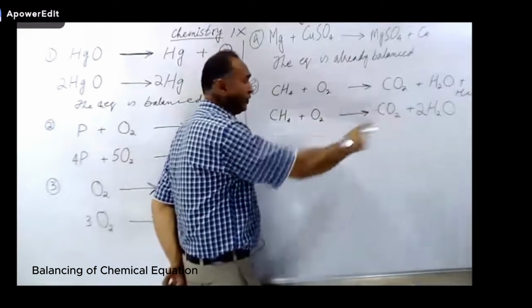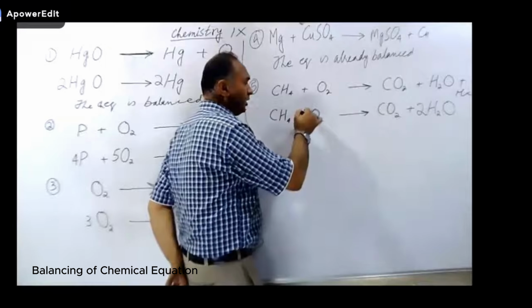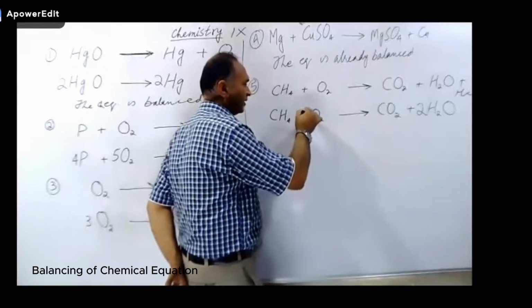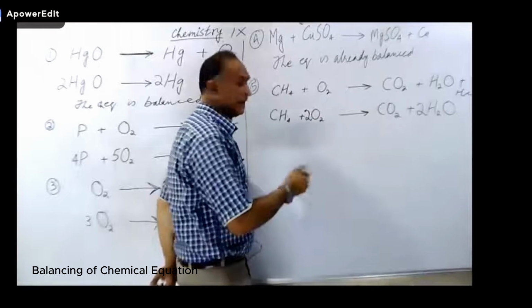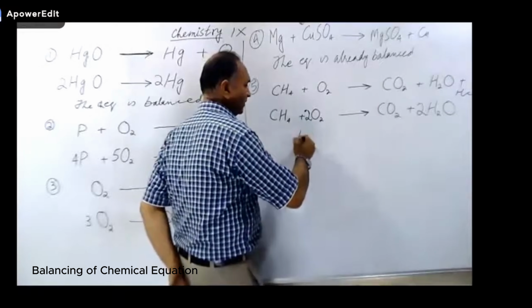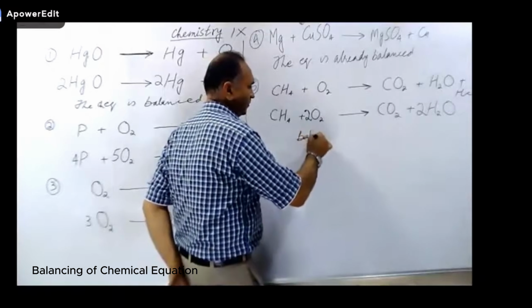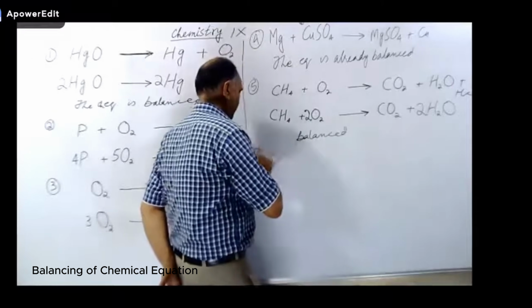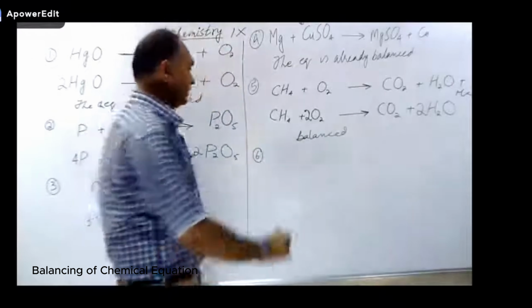Right side 4, here we have 2. So what should we do? We'll write 2 over here. Now it's balanced. Okay?